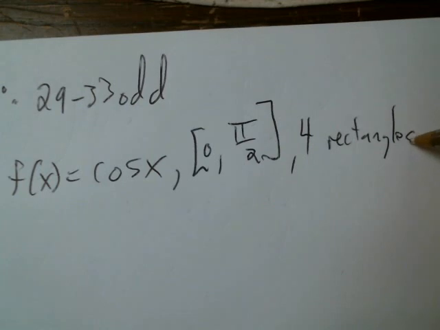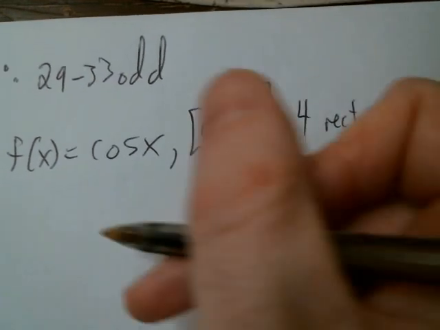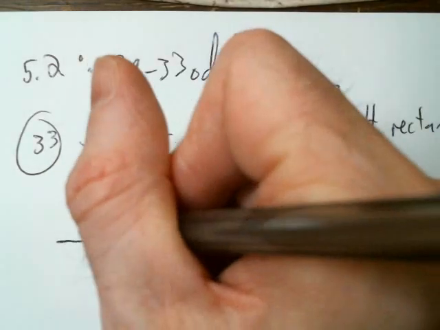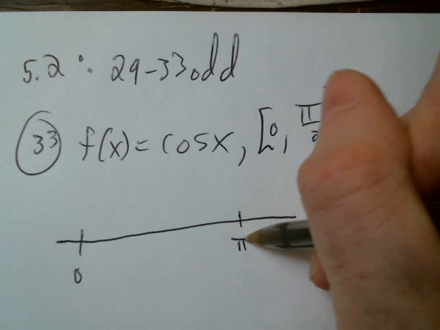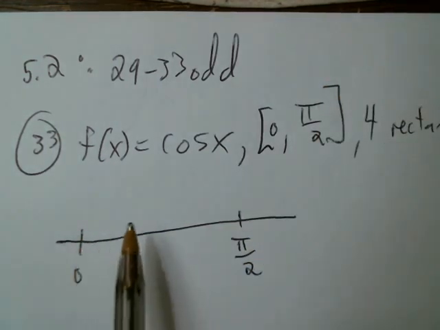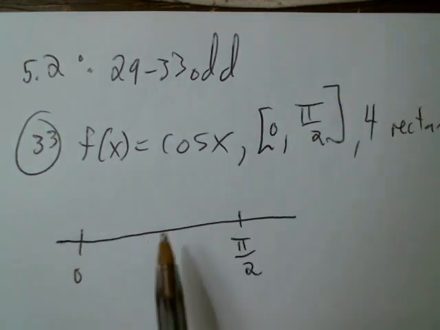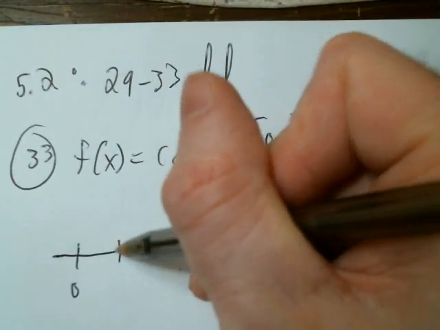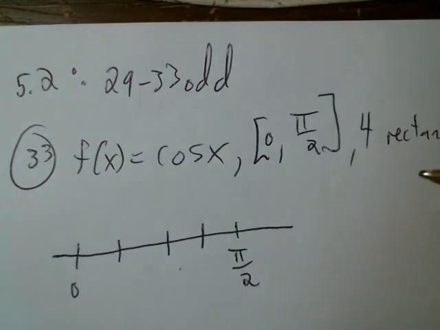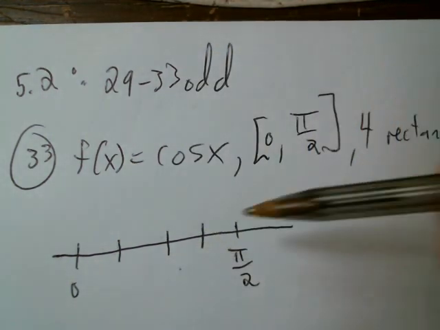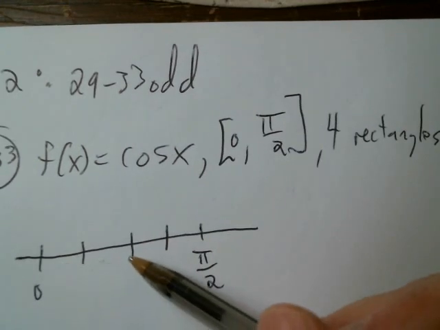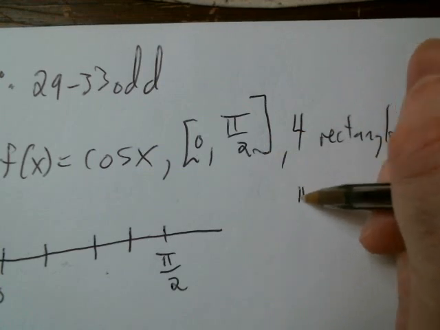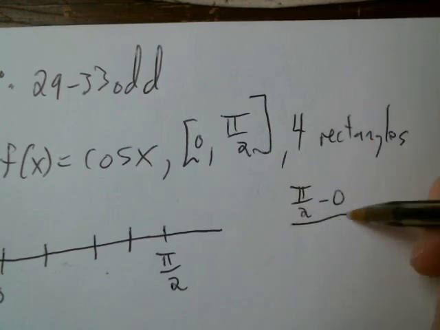for our approximation. Usually what I like to do is take that interval and section it up right off the bat. So I got 0, here's pi over 2, and basically you need 4 gaps inside of this interval for these 4 rectangles to exist over top. Okay, so there's 1, there's 2, there's 3, there's 4, right? To get the length of each subinterval, you take the length of this interval, which is pi over 2 minus 0, and then divide by 4.